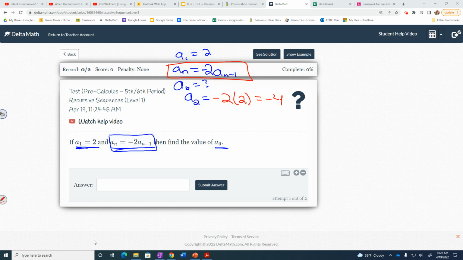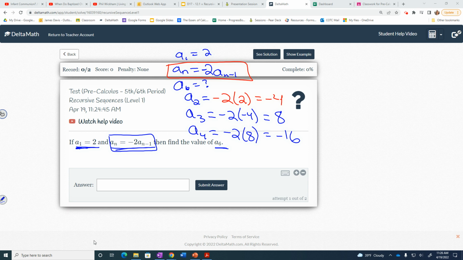Then a sub 3 is going to be negative 2 times what? Negative 4, yeah, our answer to our previous term. So that is positive 8. So then a sub 4 is going to be negative 2 times our previous term, 8. So that's negative 16.